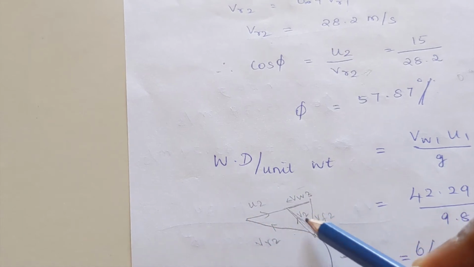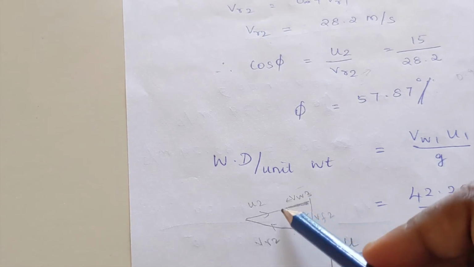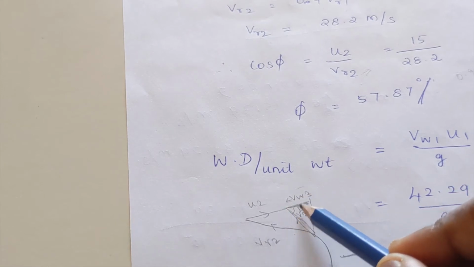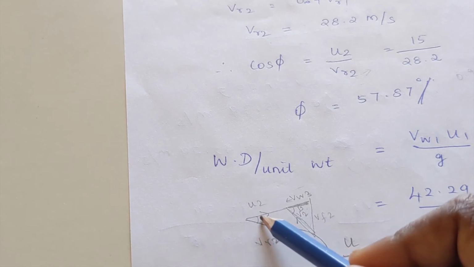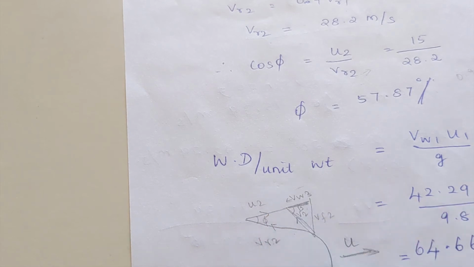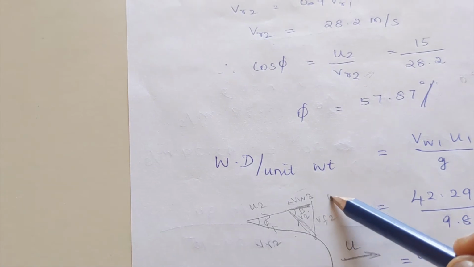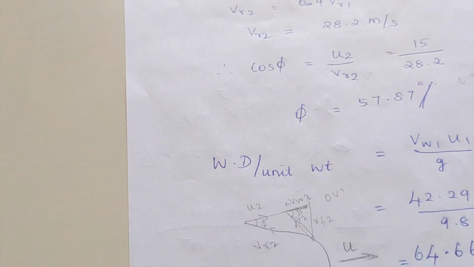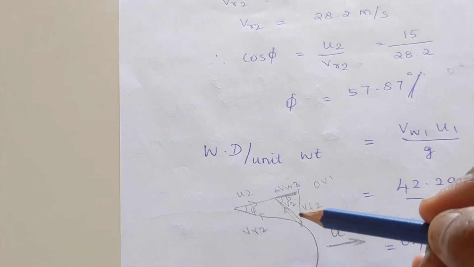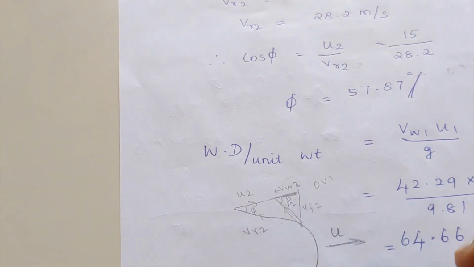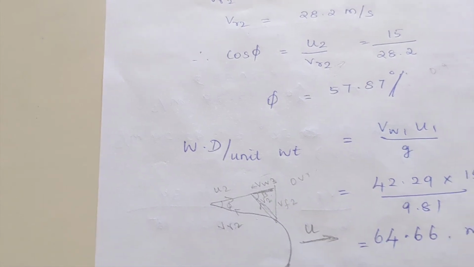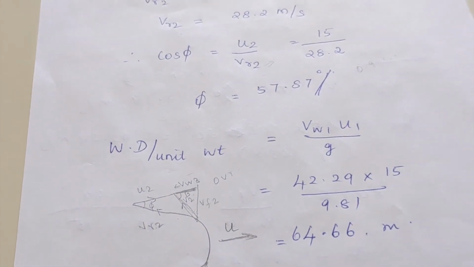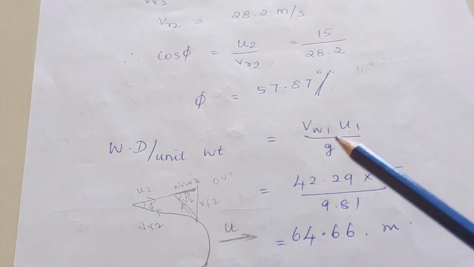This V2 makes an angle of beta. Here VR2 makes an angle of phi. That's all. This is your outlet velocity triangle. If you know how to draw the inlet and outlet velocity triangles, it will be very easy to find the vane angles and all.